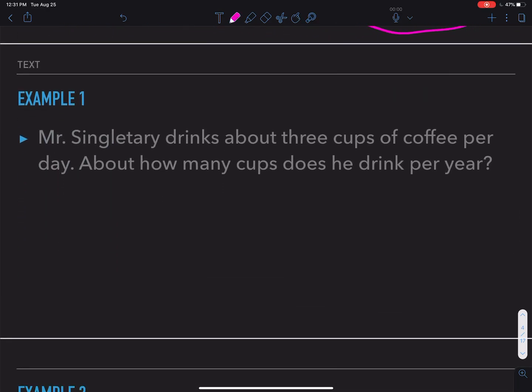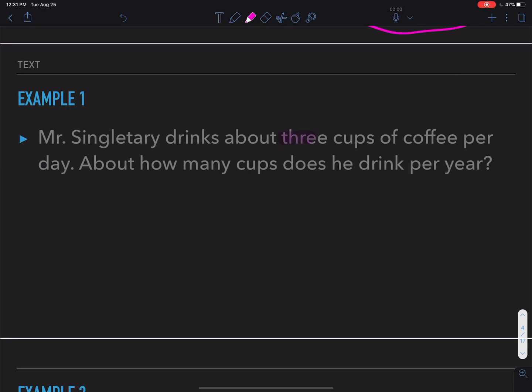So let's take a look at an example of how we could use this in practice. Mr. Singletary drinks about 3 cups of coffee per day. About how many cups does he drink per year? So we want to think about what information we are given.